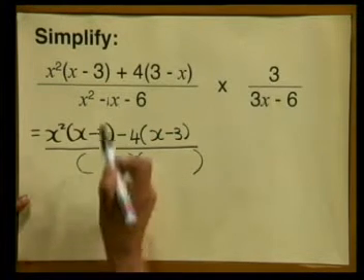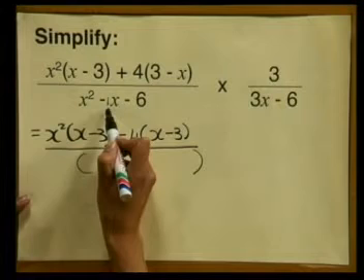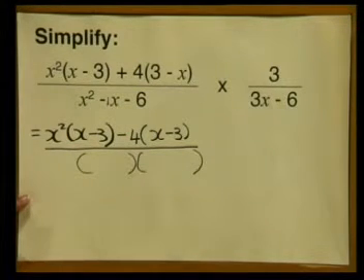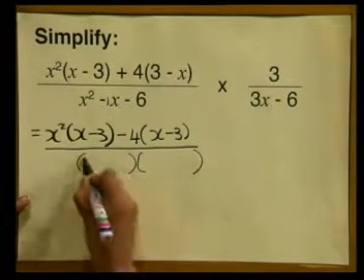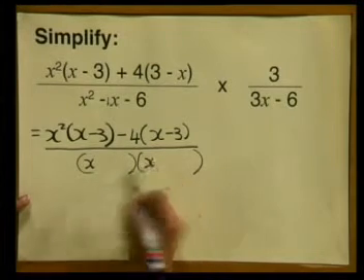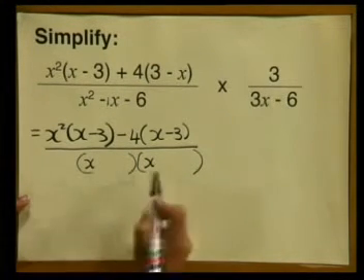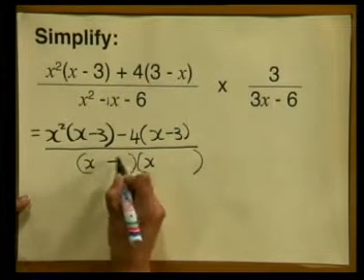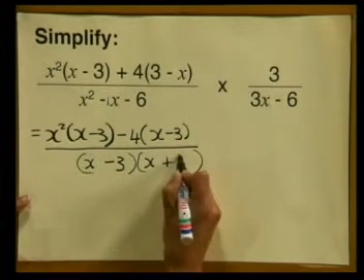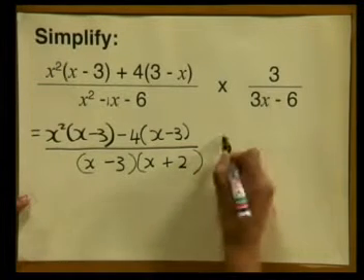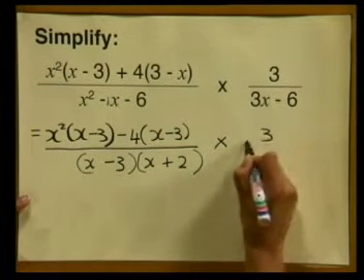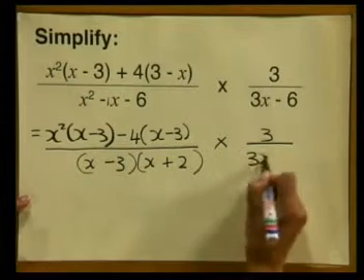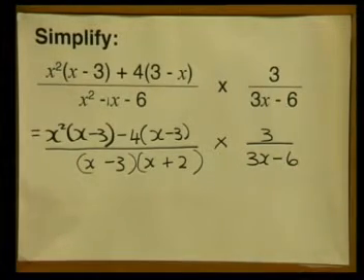And minus 3 plus 2 gives us minus 1. So that would be our correct option. So we write x and x in the first place in each bracket because x times x gives us x squared. And then we write minus 3 plus 2 on the other bracket. Now we multiply by 3 and we divide it by 3x minus 6.